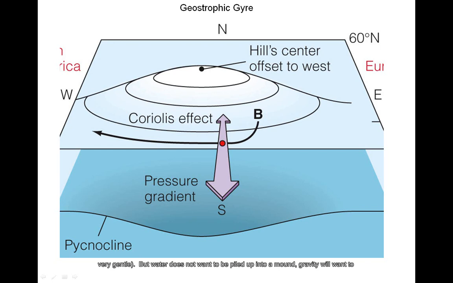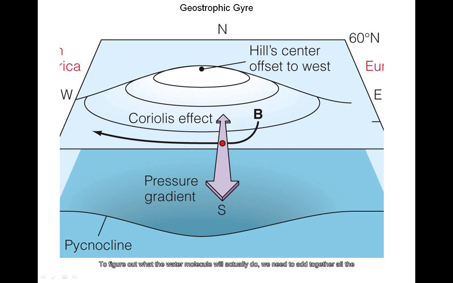But water molecules do not want to be piled up into this mound. Gravity is going to try and spread it out as flat and level as possible. Now, called the pressure gradient force, this will push the water molecules from the top of the mound in the middle of the gyre towards the edges. And every water molecule moving around the gyre will have this same force.